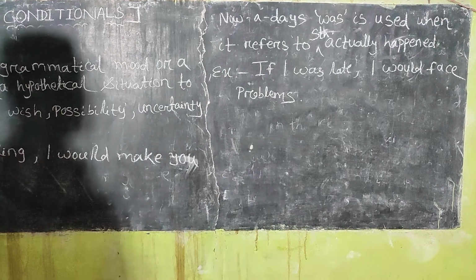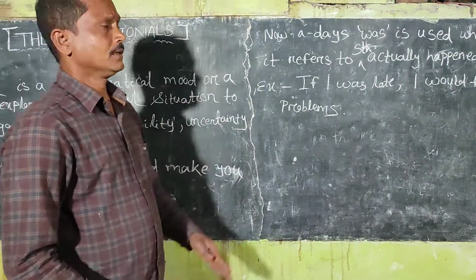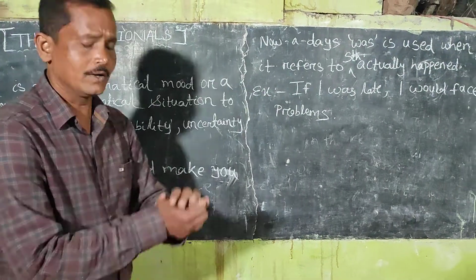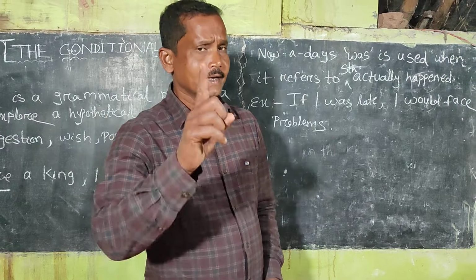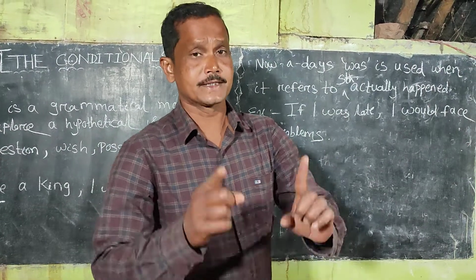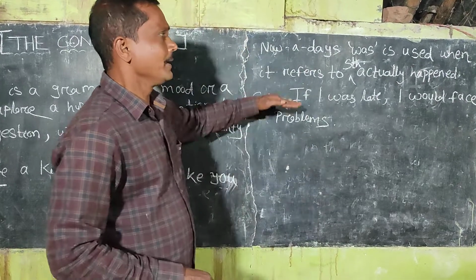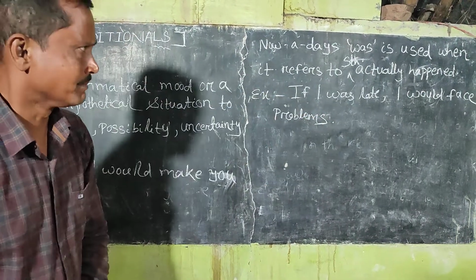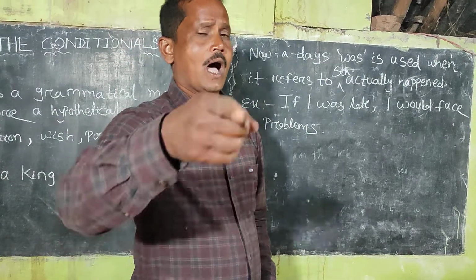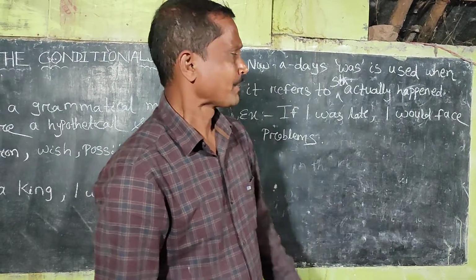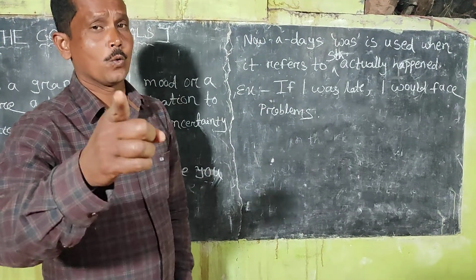While talking about something that actually happened, we have to use was along with I or along with the singular subject. But in other cases, we have to use the singular subject and the plural verb, that is were. Here, if I was late, I would face problems. This sentence refers to something that actually happened in the past. So was is possible here. Otherwise, you will have to use were.